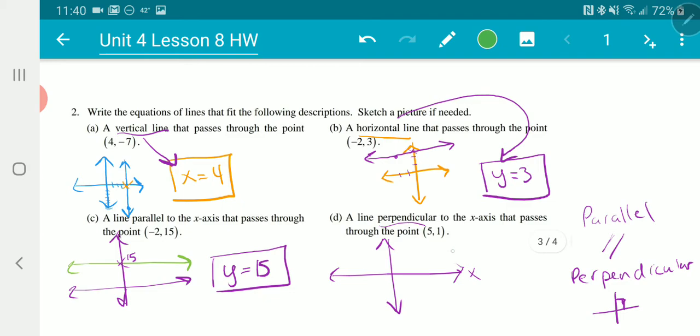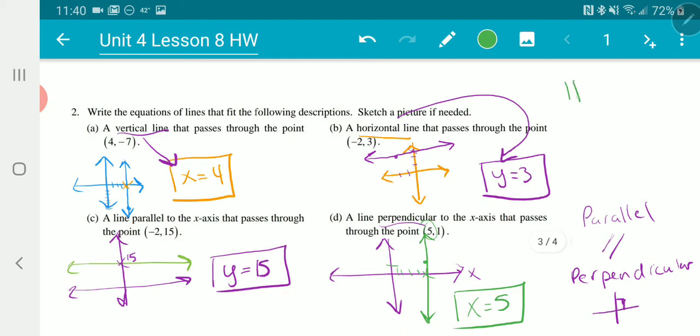I'll change my color. Okay, and we're passing through the point 5, 1, 1, 2, 3, 4, 5, up 1, so somewhere about here. So now it's got to go through that point, and it's got to be perpendicular to the x-axis. So that means I want to cut through the x-axis, make that right angle. Looks like I'm crossing right at my x of 5, so x is going to equal 5. And that is horizontal and vertical lines. I'll make one more note on the side here.